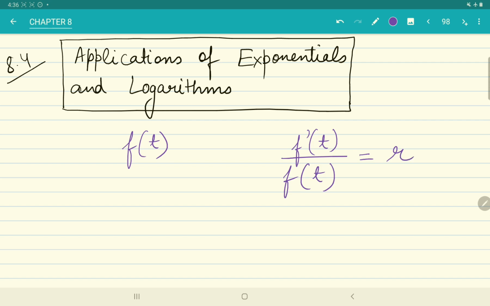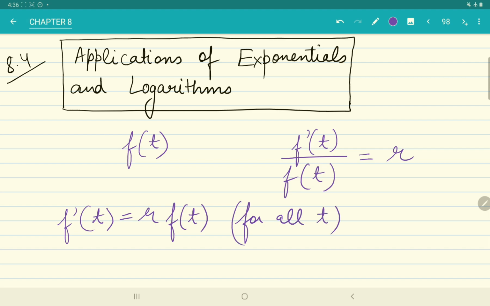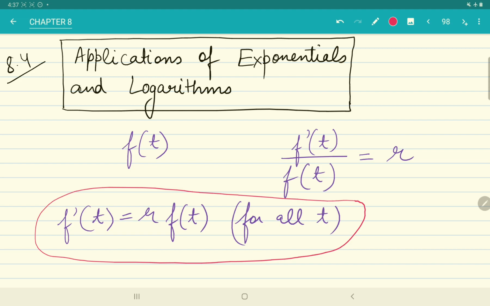If the relative rate of increase of that stock at time t is this constant r, in that case I can write f prime t equal to r f of t for all t.